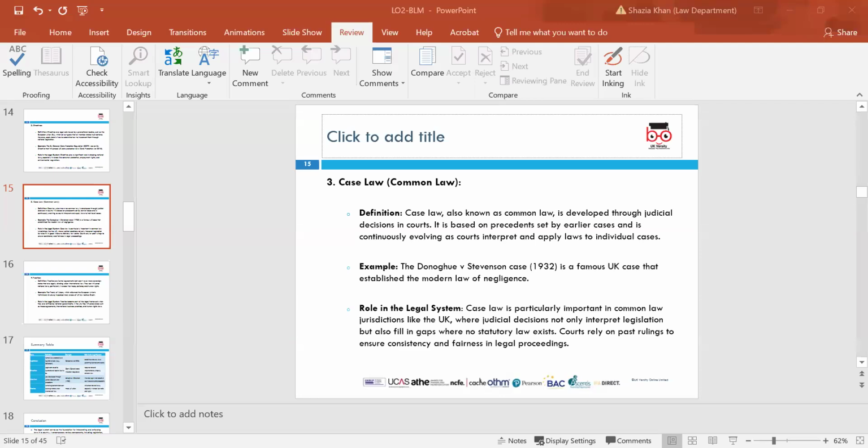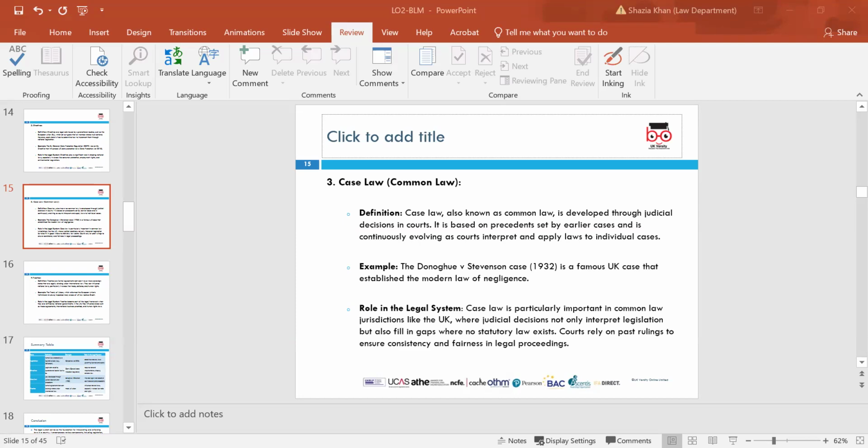Case law and legislation, going back to it, are both sources of law in the UK, and they work together to create a functioning legal system. An example we've given there is a really famous case, Donoghue and Stevenson, which established the principle of negligence and the neighbour test, laying down the foundation for modern tort law.